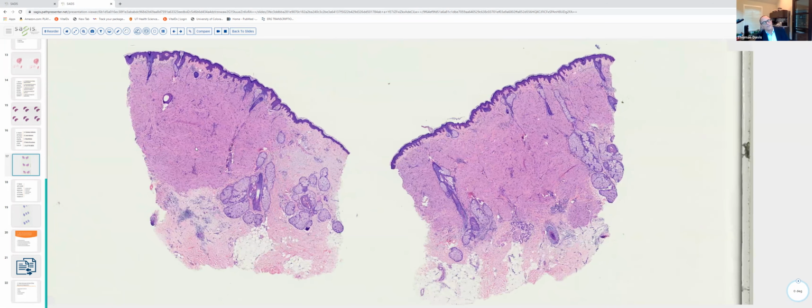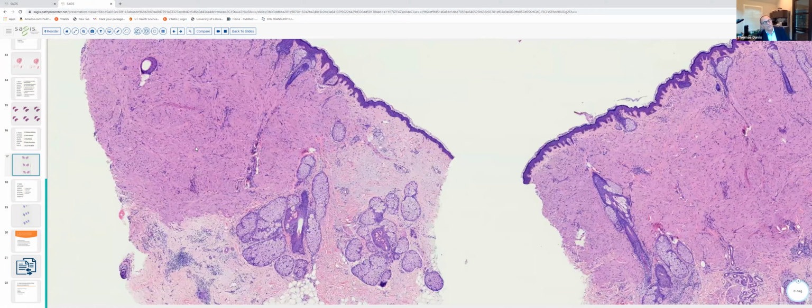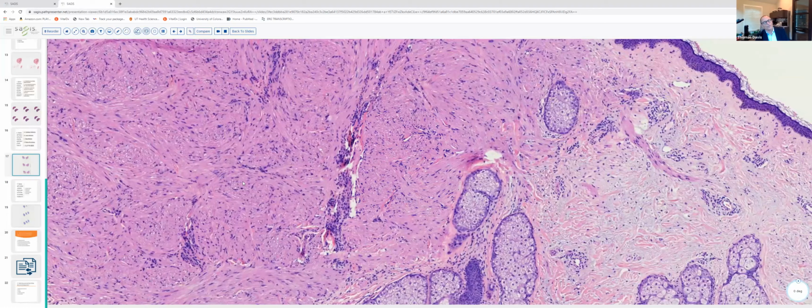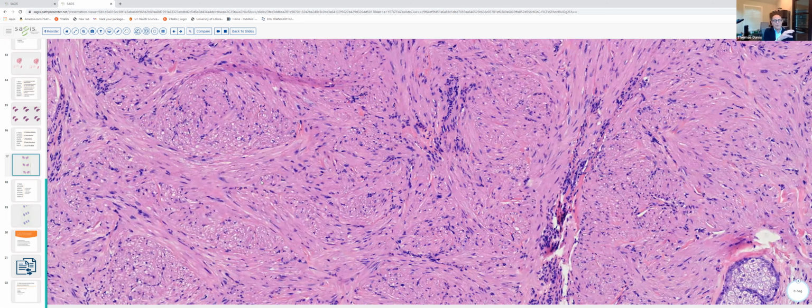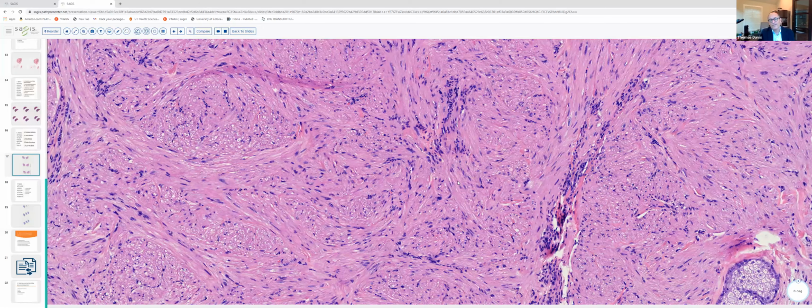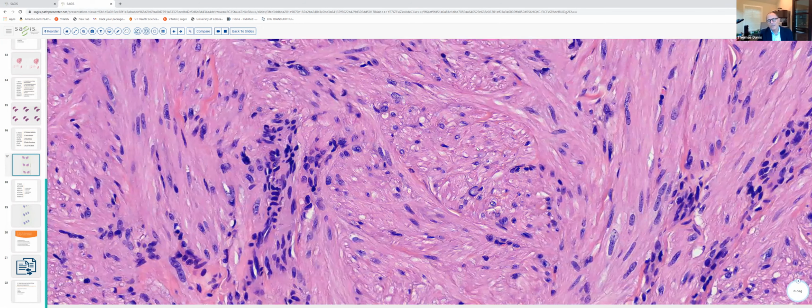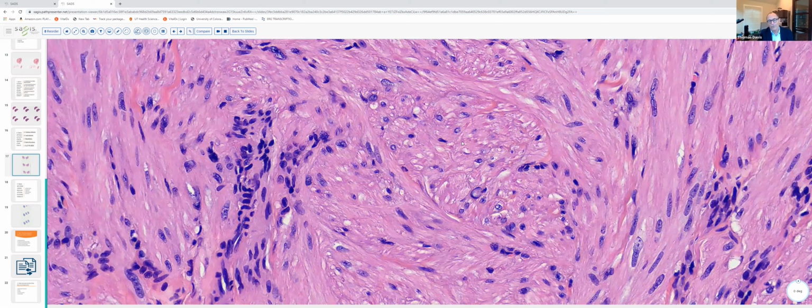Let's go ahead and look at the cells comprising this proliferation. And as we move to higher power, we can see that we've got these sweeping, intersecting fascicles of spindle cells. Some are cut longitudinally, some are cut in cross-section. And if we look at the cells cut in cross-section, we can see some perinuclear vacuoles or glycogen vacuoles.